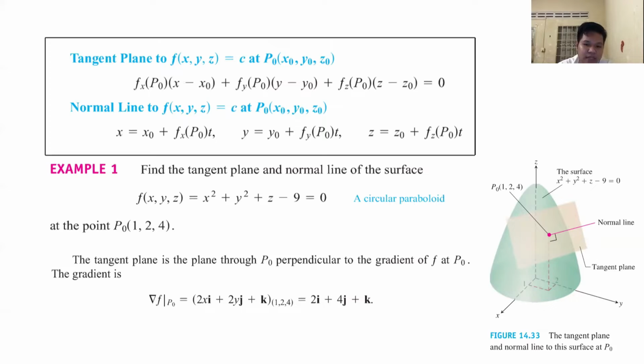Find the tangent plane and normal line of the surface, as we see in figure 14.33, the tangent plane and normal line to the surface at p sub 0.